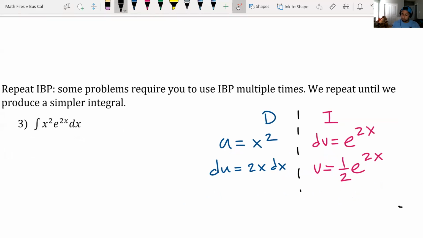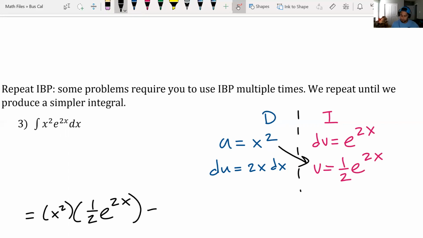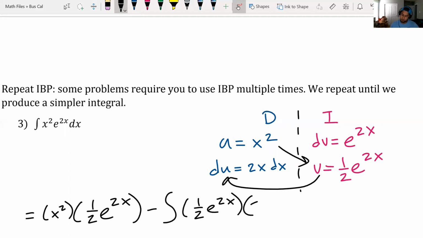Okay, let's write our new integral by parts. So this will become u times v, x squared times 1/2 e to the 2x minus the integral of v du. V is 1/2 e to the 2x times du, which is 2x dx.